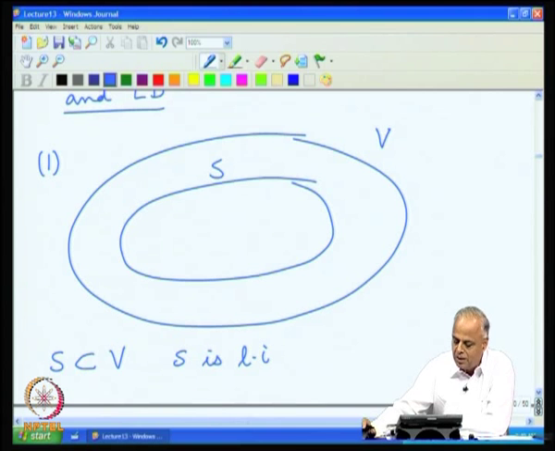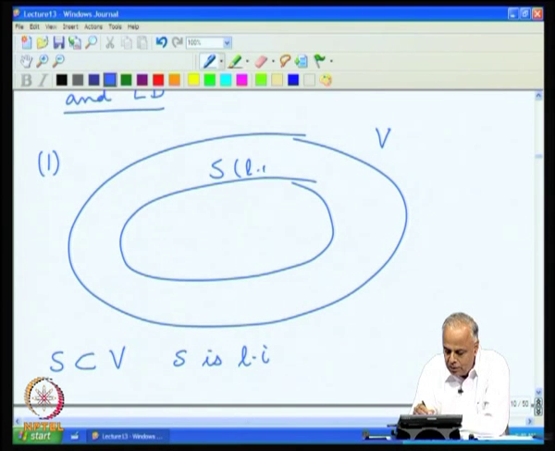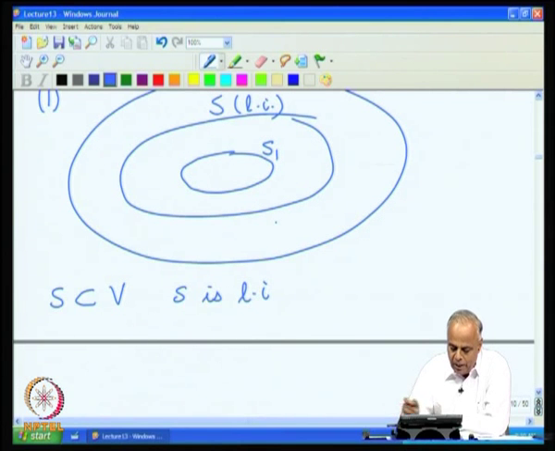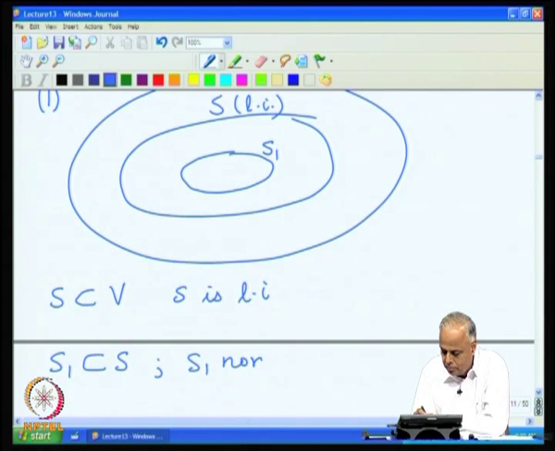So, suppose I have a vector space V and a subset S which is linearly independent. Now, look at a non-empty subset of S. So, we have S1 contained in S, S1 non-empty.